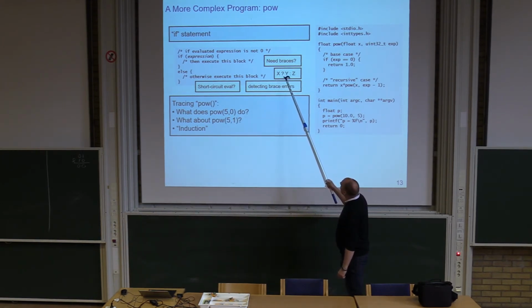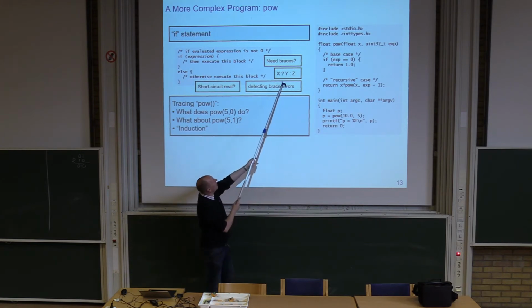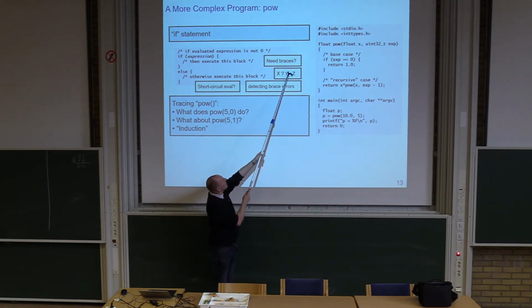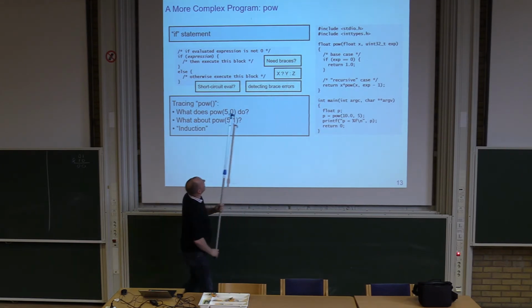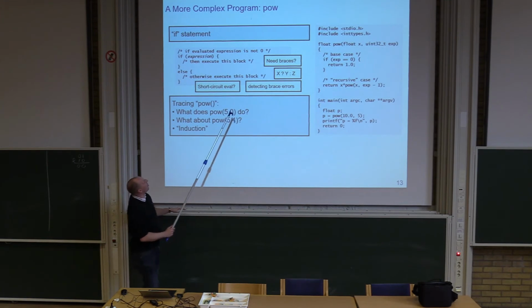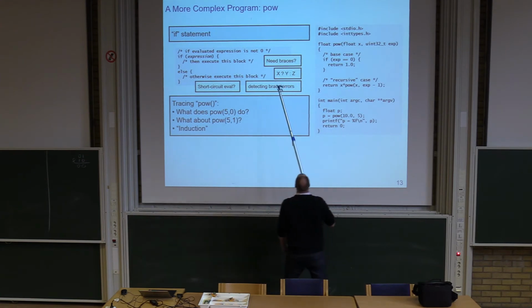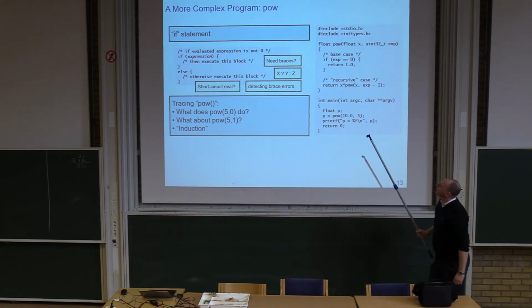So it will be X, and then you will have a question mark, Y colon Z. So it will evaluate X, and then if X was true, it will execute the expression Y, or it will execute the expression Z. So this is just a short form of writing if X, then Y or Z. I don't recommend writing in this form, but you can see it in some code, so it can be good to know what it means.